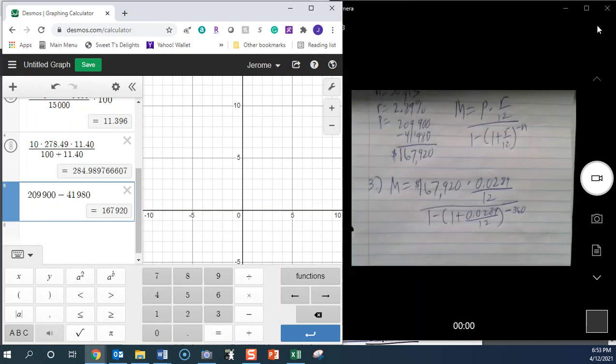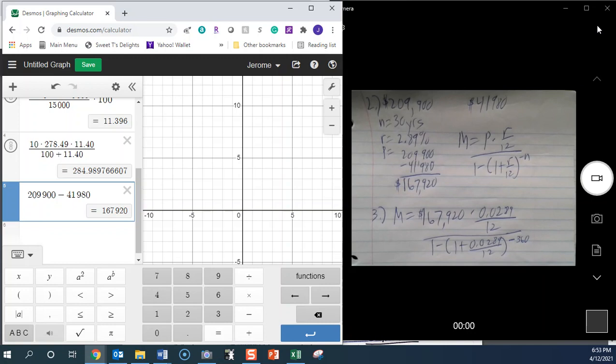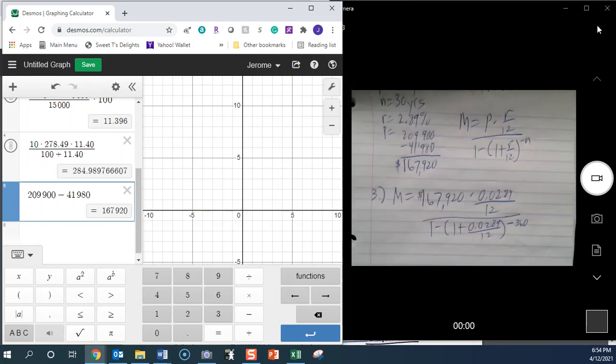Because technically we're supposed to do n times t, the number of months times the number of years. So negative 30 years is the same thing as 360 months. That's how many payments you would end up having.